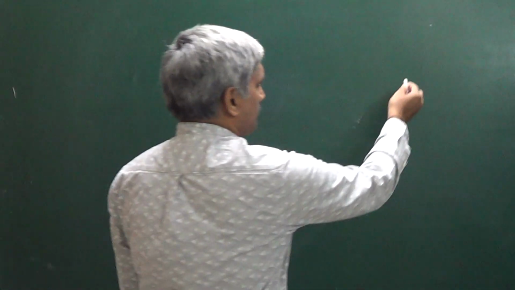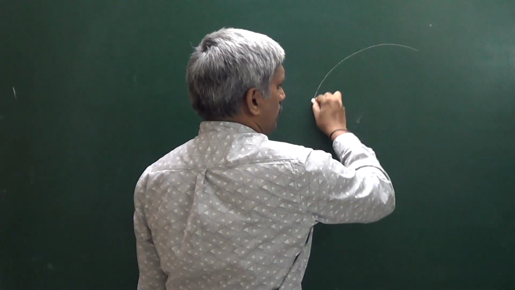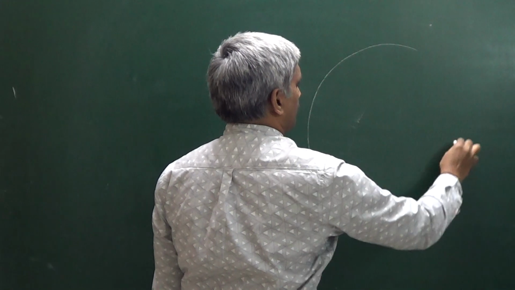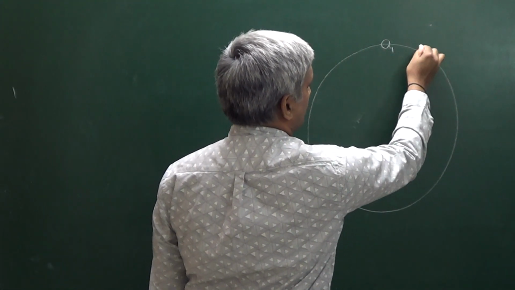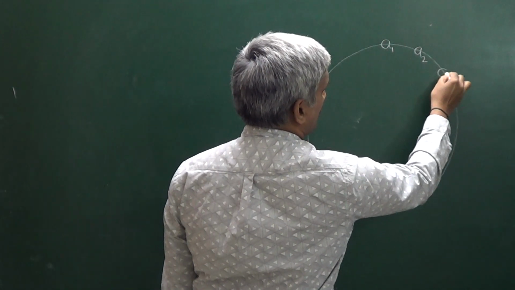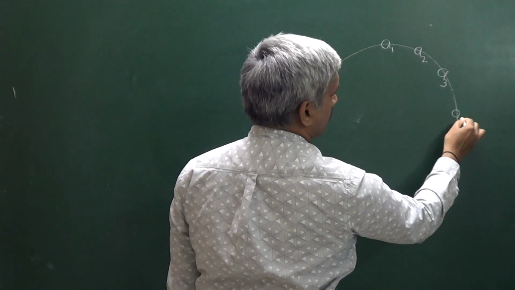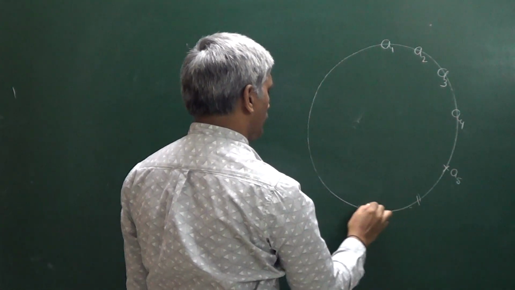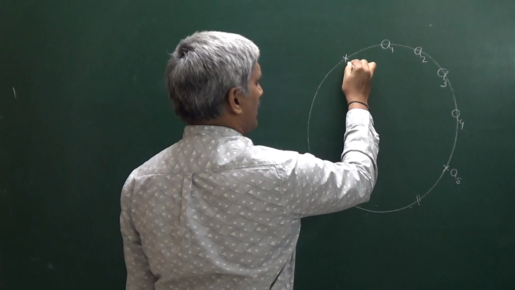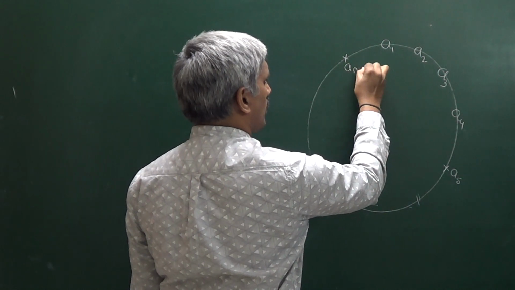So observe here, n objects we want to arrange in a circular way. These are n distinct objects: A1, A2, A3, A4, A5 and so on, up to A n minus 2, A n minus 1.